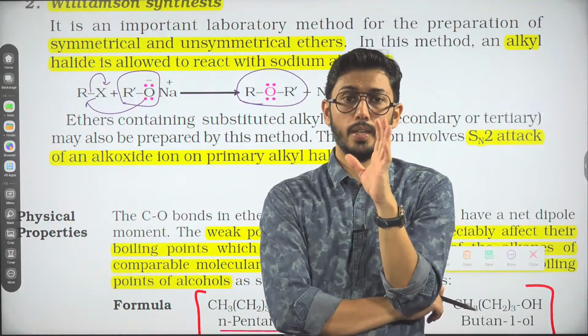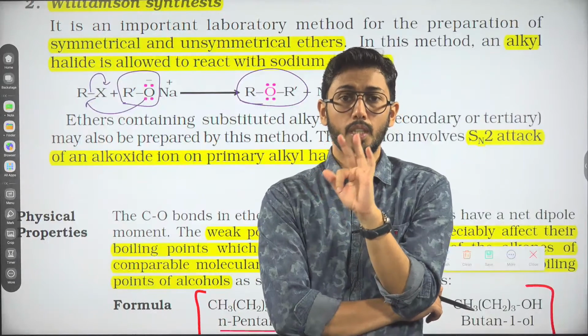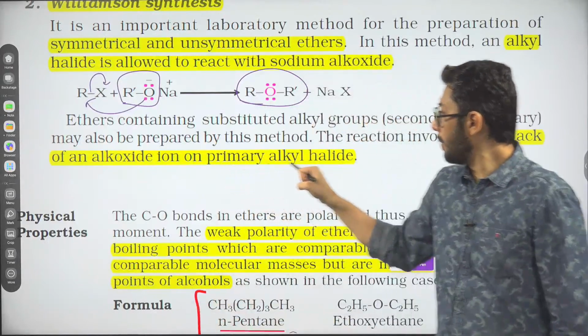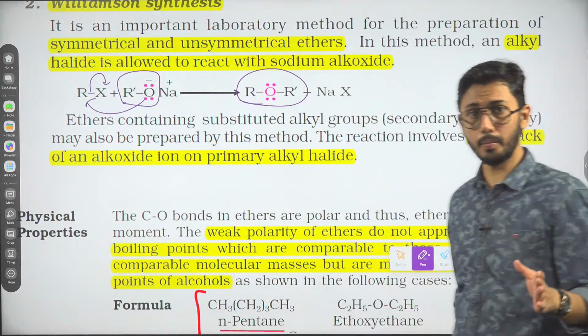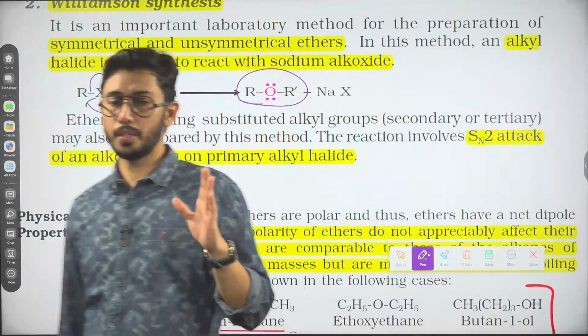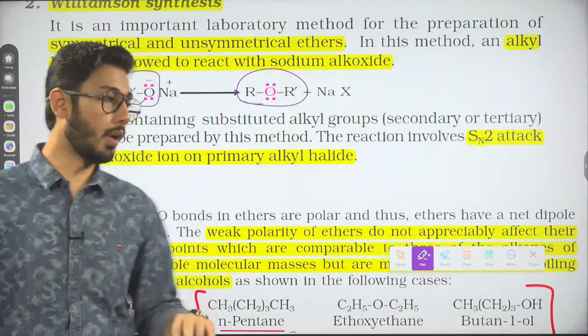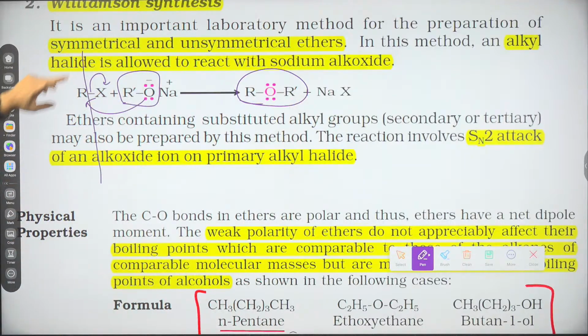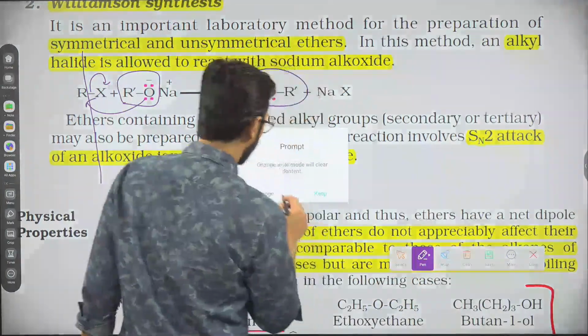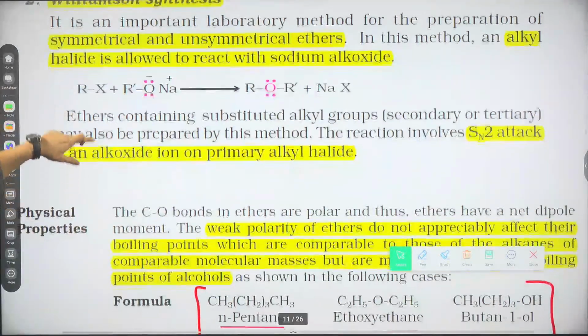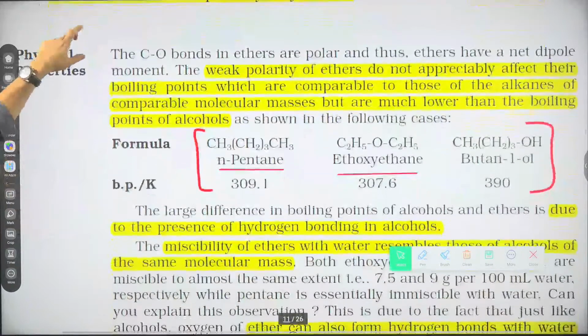Nucleophilic substitution, specifically SN2. Another point, primary alkyl halide should be taken. Which degree? Primary. Then it is favorable for Williamson ether synthesis. Otherwise, ethers will not be formed. When you go through the next page, you will get the idea why it is not forming, because it results in alkene formation.